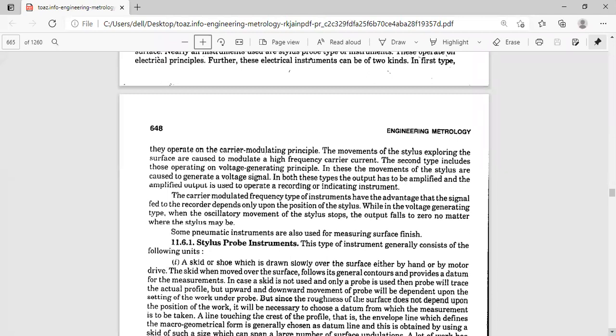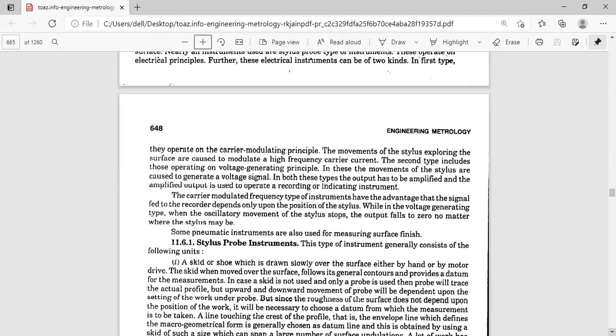And whenever you are trying to apply that instrument, or the stylus or the probe, to a surface you have machined, the bridge is unbalanced. So that is the principle you try to use in the current generative type of the instrument.